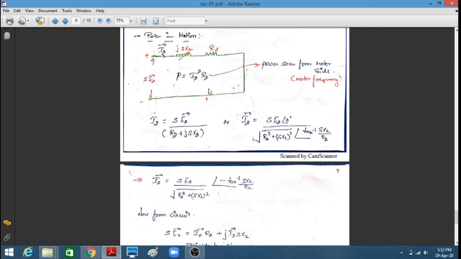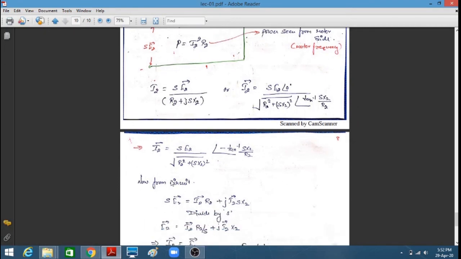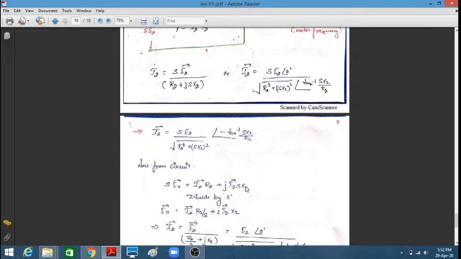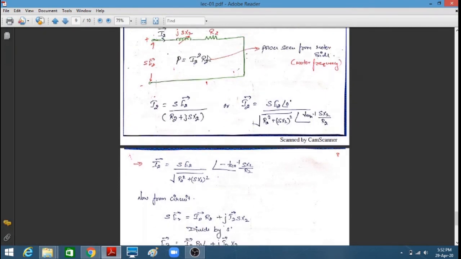I am writing this I2 in polar form: sE2 upon R2 plus jsX2, at angle 0. We need to take some reference, so I am taking E2 as my reference. E2 will be at 0 degrees, and the angle shared by R2 and X2 will be tan inverse of sX2 upon R2. From the circuit, this is the KVL equation, simple.